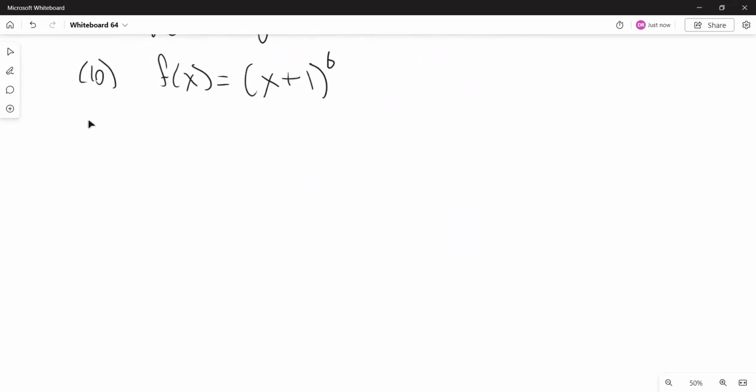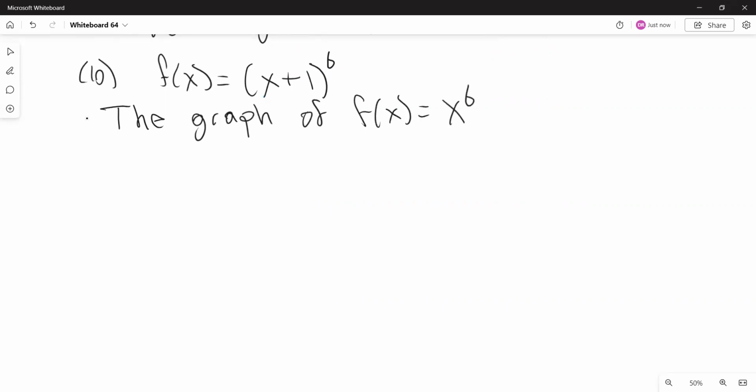Okay, so now the graph of x to the 6th is shifted, or translated, 1 unit to the left.